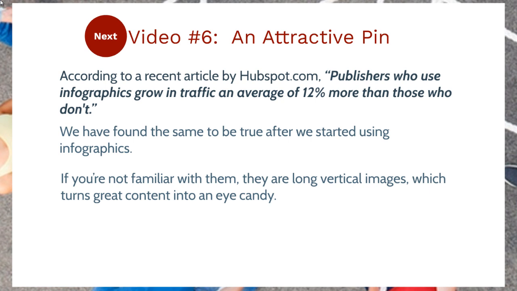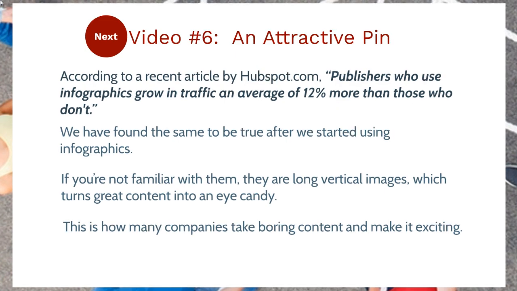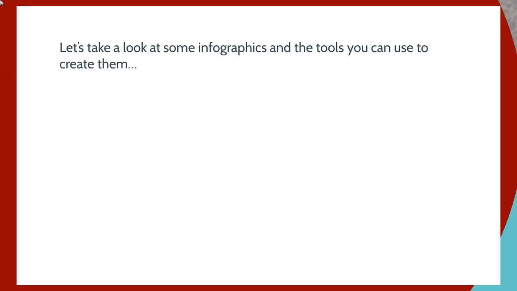There are many different types of infographics, and we'll show you in just a second what they look like and how you can go about creating your very own infographic. This is how many companies take really boring content and make it exciting. So let's go ahead and take a look at some infographics and the tools that you can use to create them.